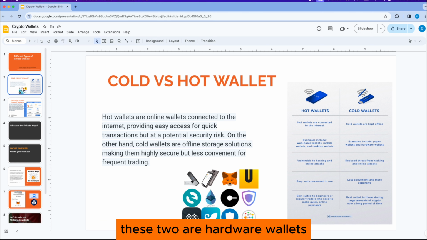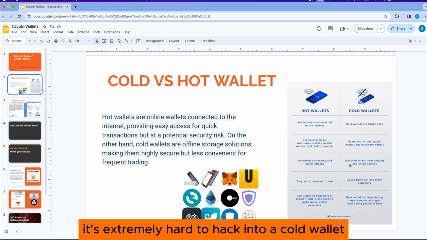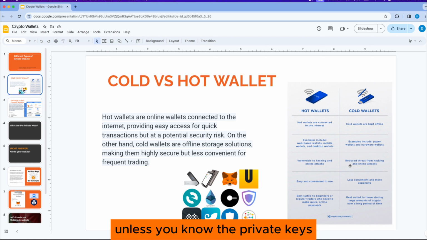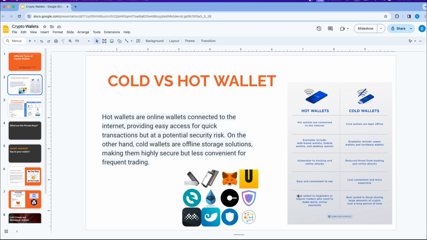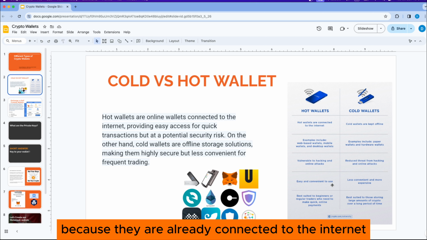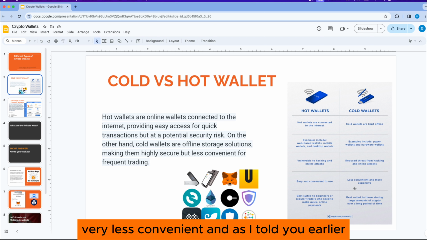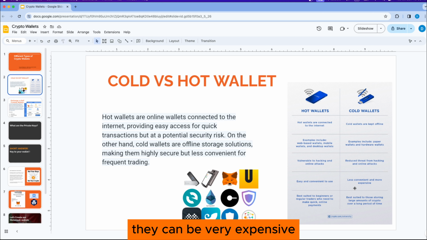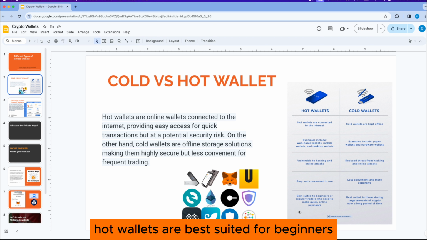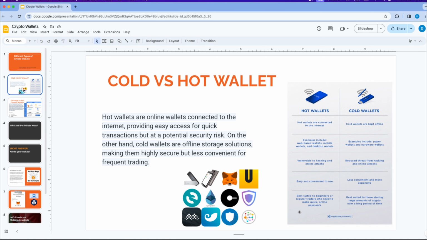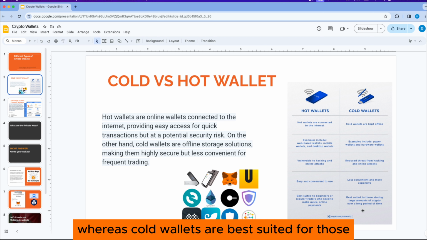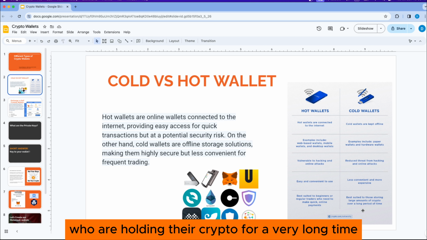These two are hardware wallets. Hot wallets are vulnerable to hacking, whereas it's extremely hard to hack into a cold wallet unless you know the private keys and you have access to the hardware wallet. Hot wallets are very easy and convenient to use because they are already connected to the internet, whereas cold wallets are much less convenient, and as I told you earlier, they can be very expensive. Hot wallets are best suited for beginners who are trading regularly, whereas cold wallets are best suited for those who are holding their crypto for a very long time.